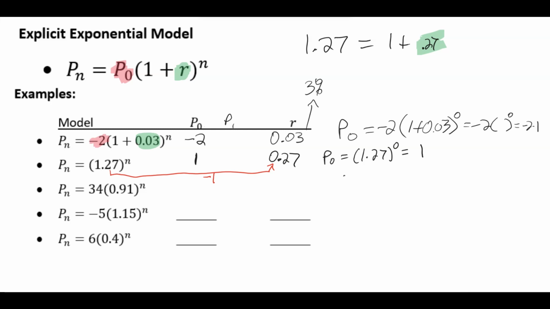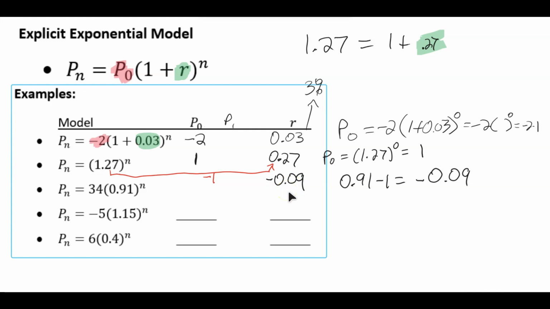If we take the 0.91 that's the base of the explicit growth model, and we subtract 1, this will give us negative 0.09. That's in fact the r value. This is a negative growth rate. This would give us decay.